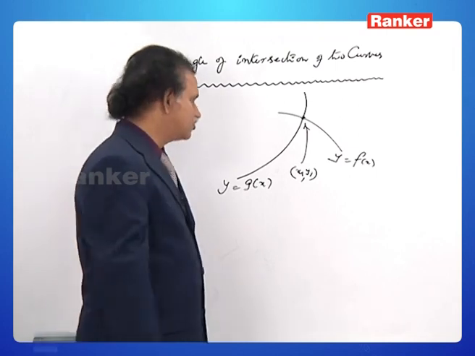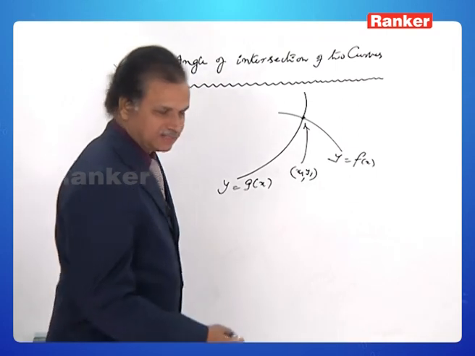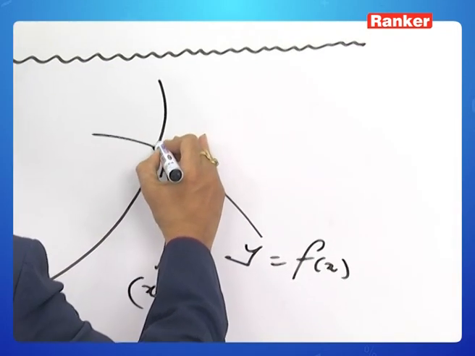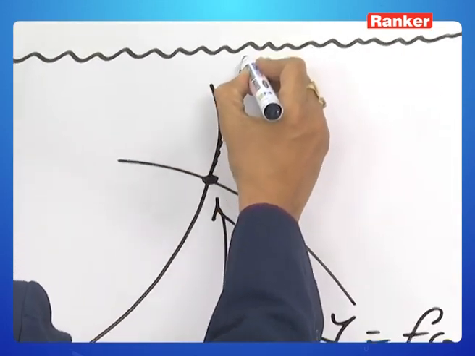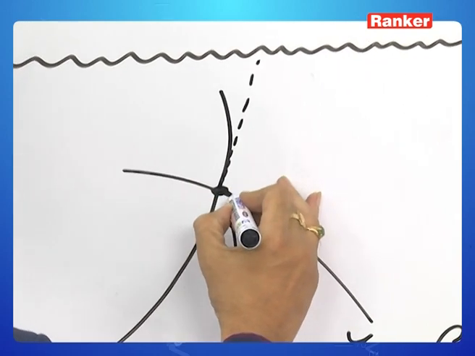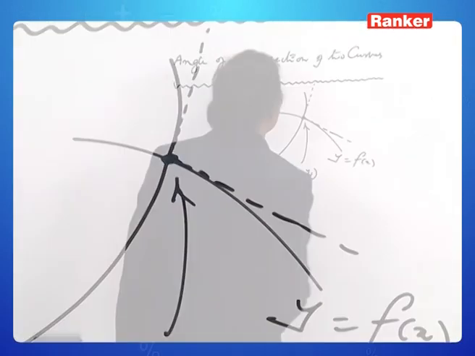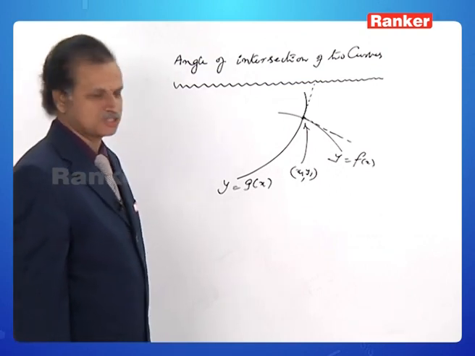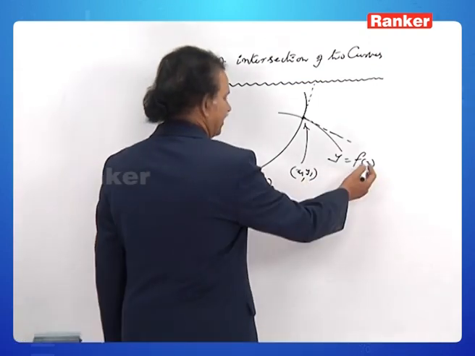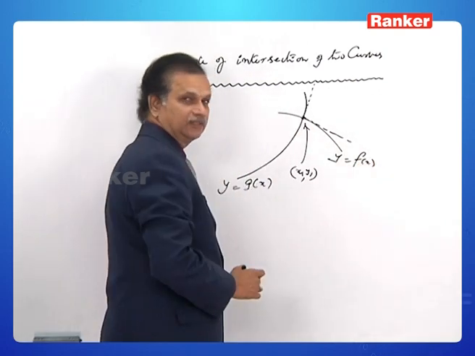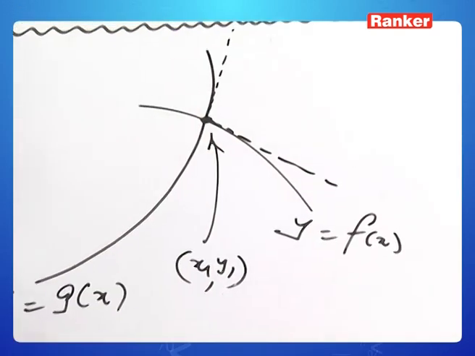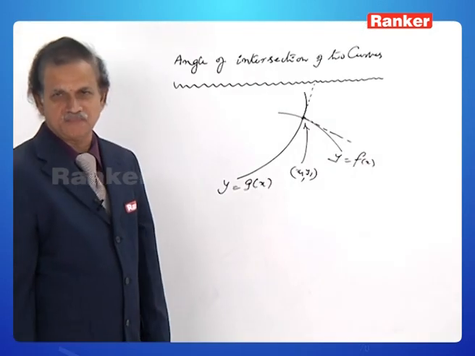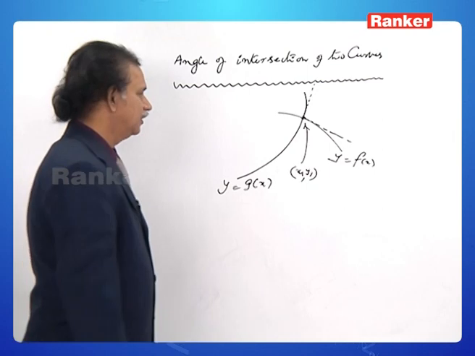The angle between these two curves is defined as the angle between the tangents at one of the points of intersection. y is equal to f of x and y is equal to g of x meet at the point, say, x1, y1.